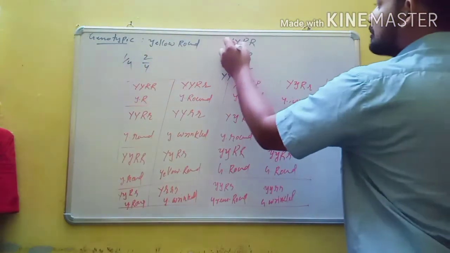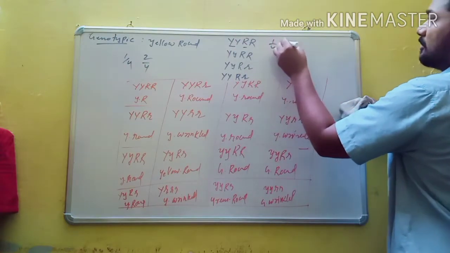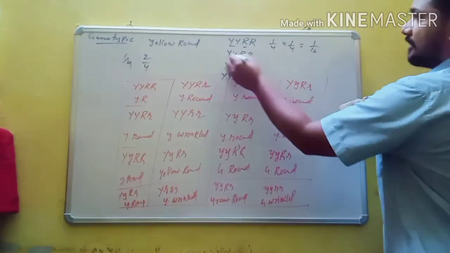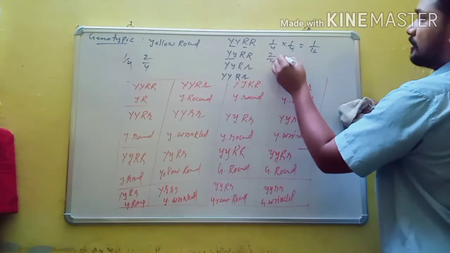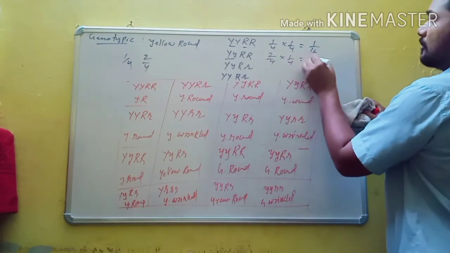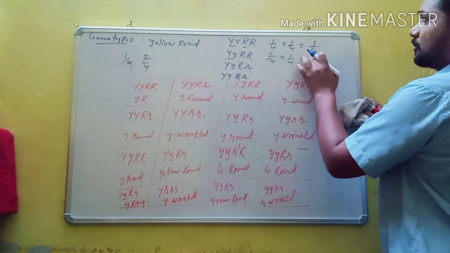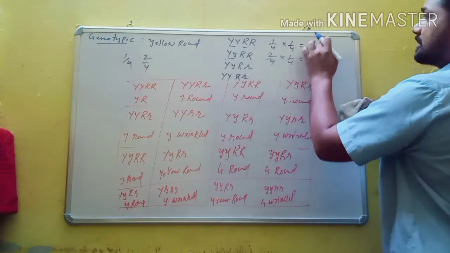Here this is homozygous, this is homozygous. So 1/4, 1/4 means 1/16. Here heterozygous, so 2/4, 1/4 means 2/16. So of this type of genotypes out of 16 there are 2, and of this type out of 16 there is 1.